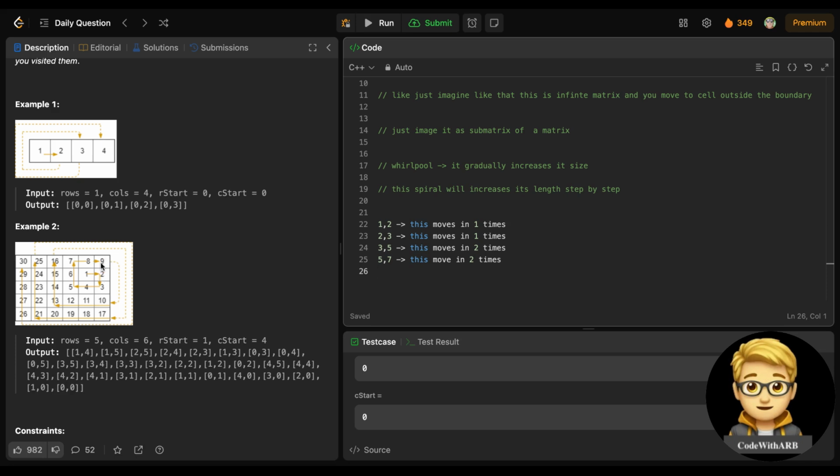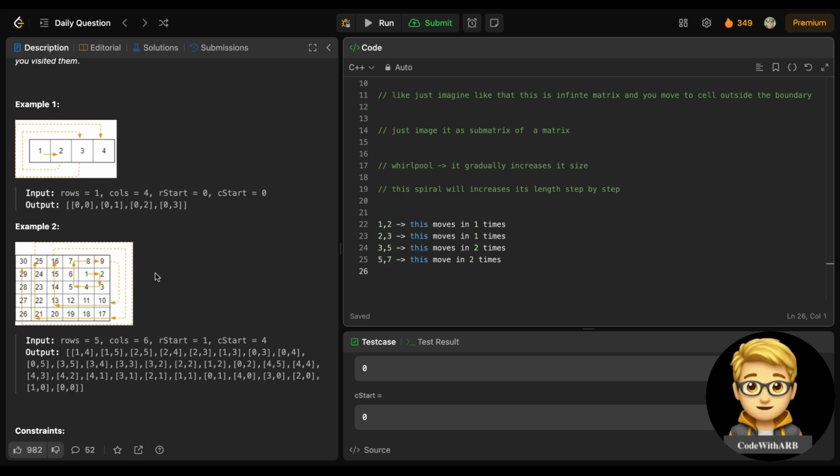So we will move further, but then I would need to move outside the boundary, into some imaginary spiral matrix, and come back, right? And after how many times will I come back? After three times.